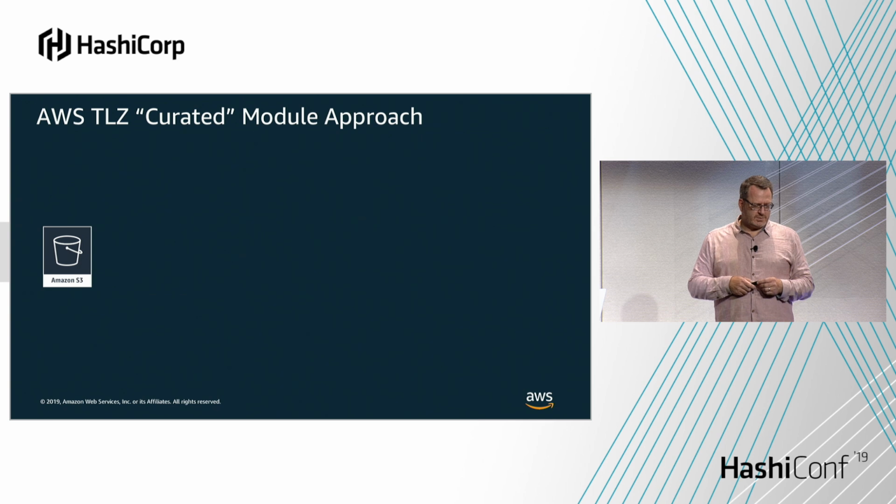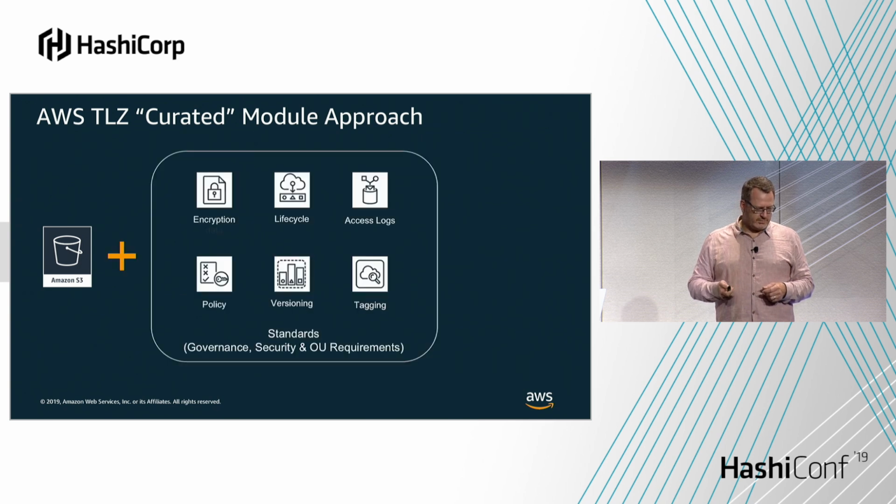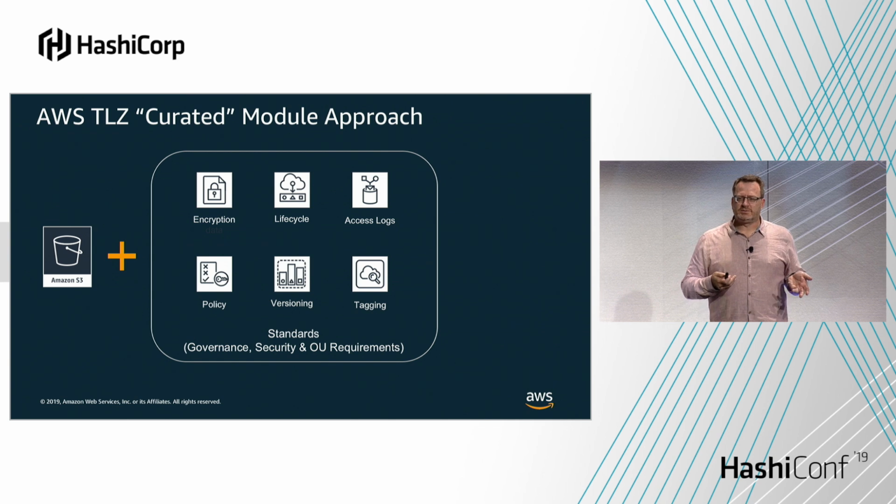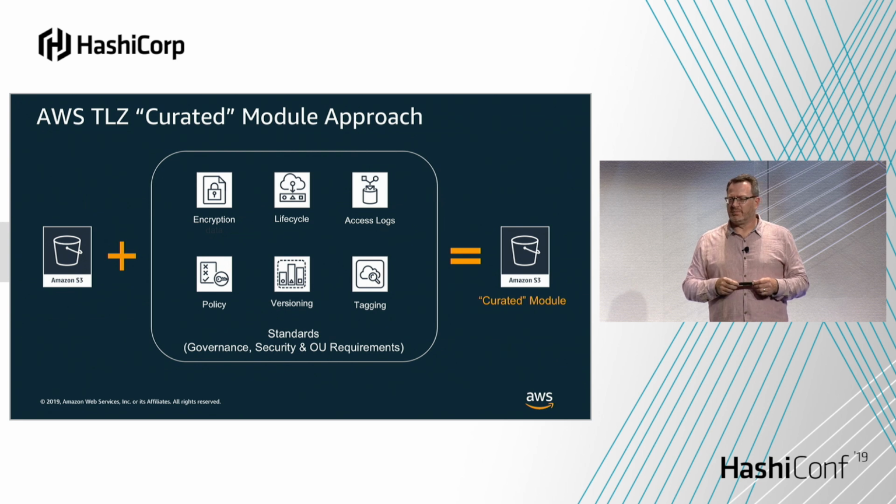So we have this concept here that we call the curated module. What we do is we take the resource and we add all of our best practices. We think over time, companies will come in and add their own best practices to this. And then with that, we can deploy a curated module, and we expose this through the PMR.